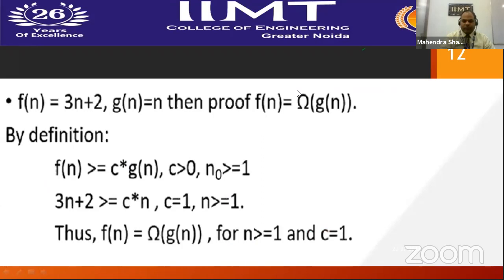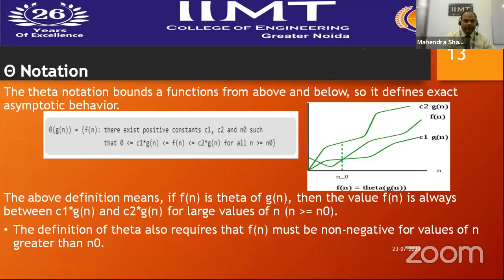Okay, now the next notation is theta notation, one of the very important notations used to represent the average case time complexity of the algorithm. The theta notation bounds a function from above and below.